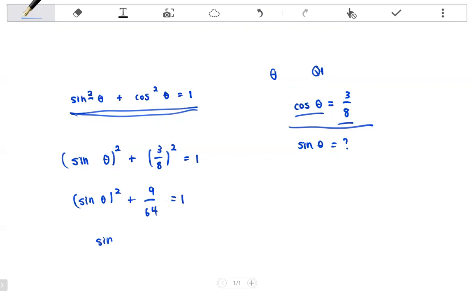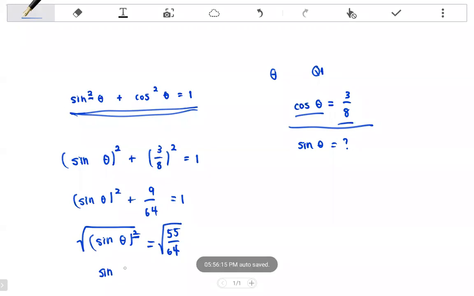So sine squared theta is 1 minus 9/64, which is the same thing as 55/64. Yeah, 55/64. To get rid of the square, we square root both sides.